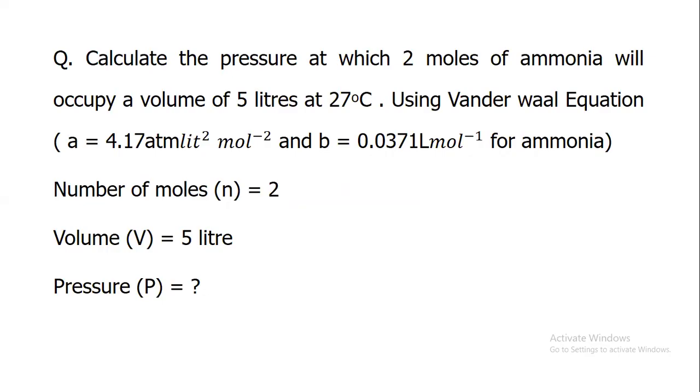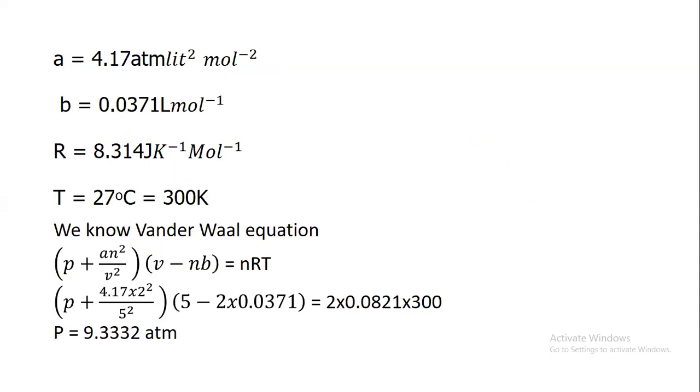Number of moles 2, volume 5 liter, pressure what? So given value of A 4.17 atmosphere liter square per mole square, B 0.0371 liter per mole, R 8.314 joule per Kelvin per mole, temperature 27 degrees Celsius, 300 Kelvin.